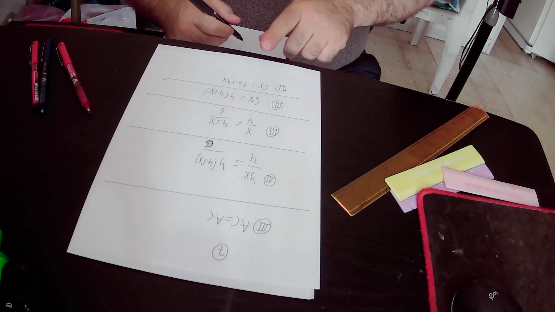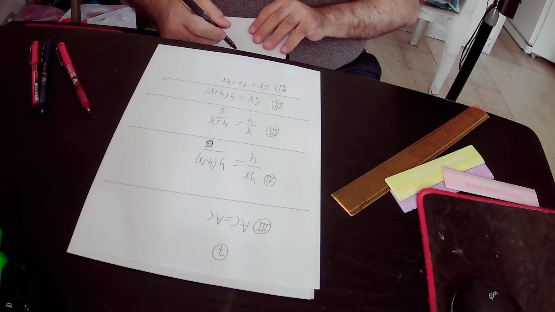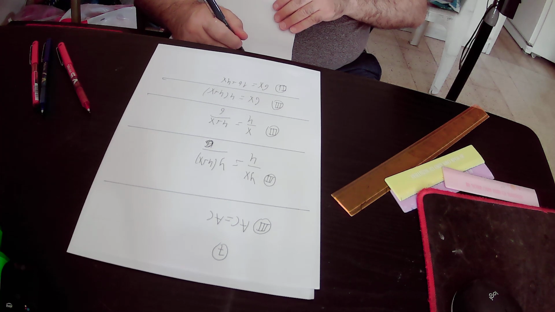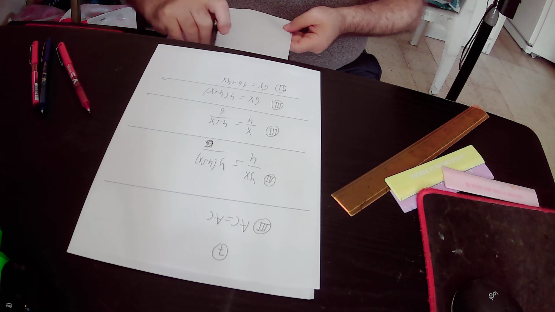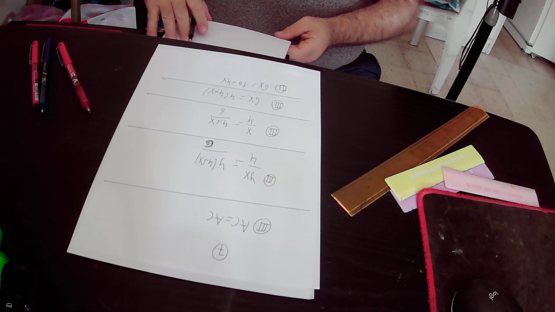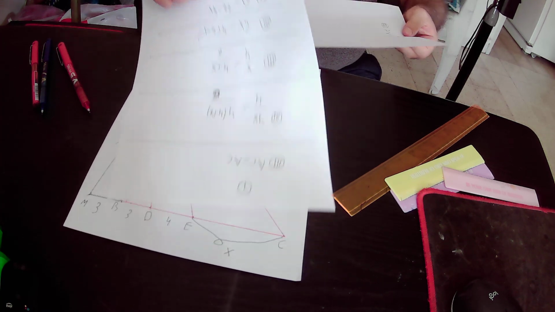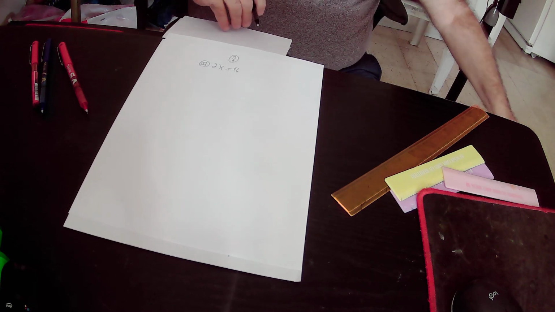Here we will subtract 4X from the equation, and we get that 2X equals 16.